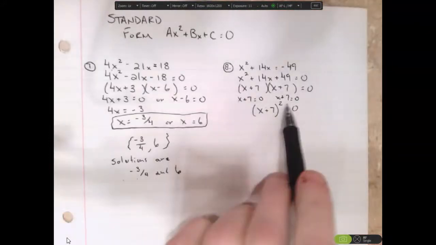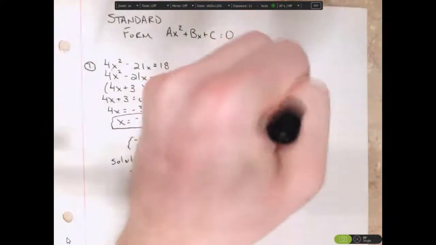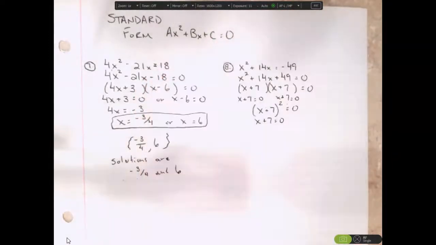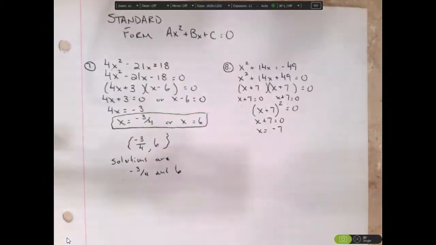But notice it's the exact same thing. So you really only need to do it once. So I'm going to do x plus 7 equals 0 one time. So I know x is going to be equal to negative 7. So for this type of problem, we're actually only going to have just x equals negative 7.